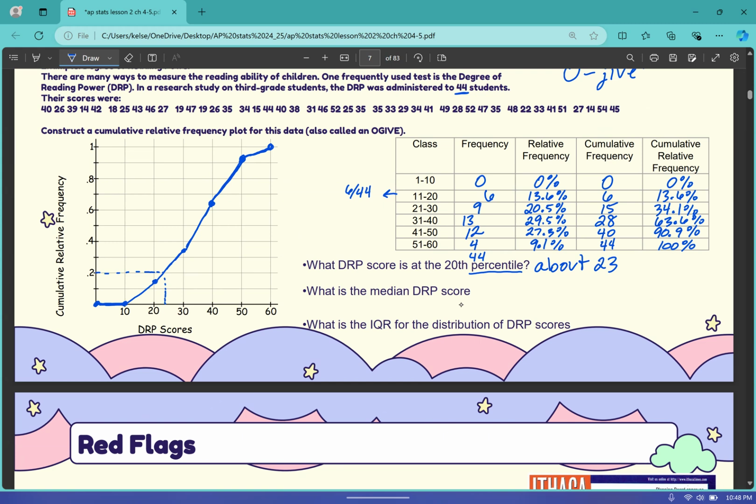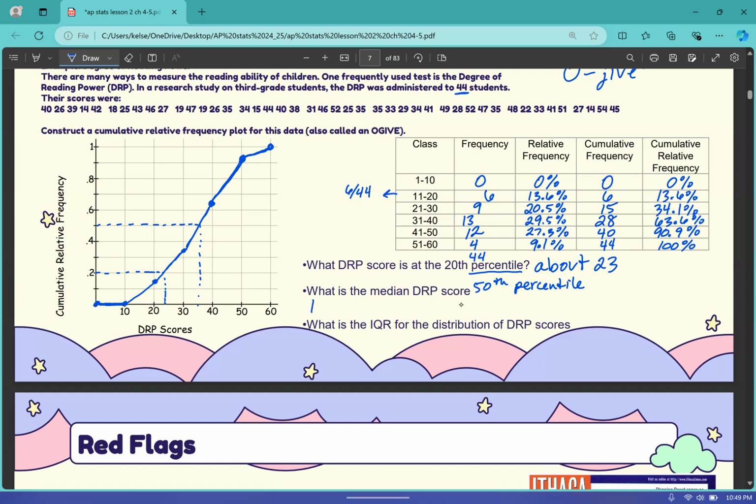All right. Now, what is the median DRP score? Well, the median is at the 50th percentile, so you're above 50% of people. Go here, find the 50th, go right over, and then go straight down. We're at about 36, 37 around there, right?